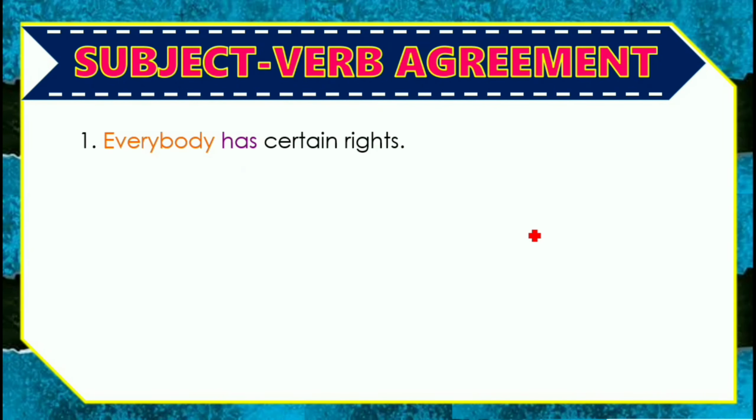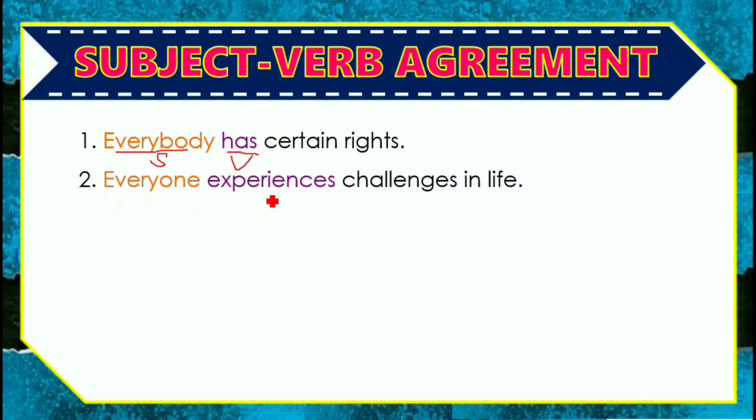Example number 1. Everybody has certain rights. Everybody is our subject, which is singular, and verb has, which is also singular. Number 2. Everyone experiences challenges in life. Our indefinite pronoun everyone, singular.